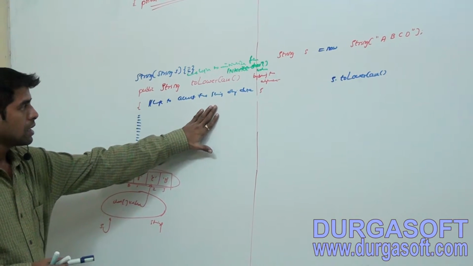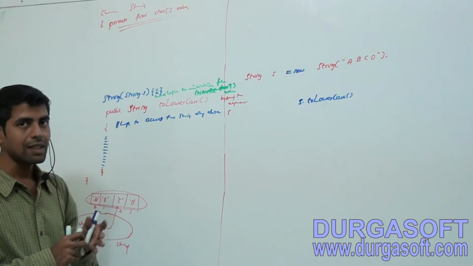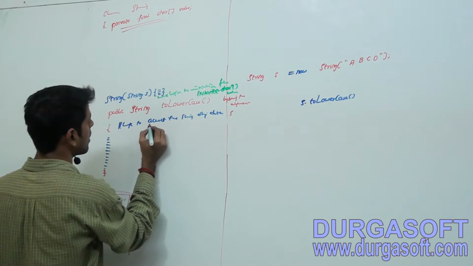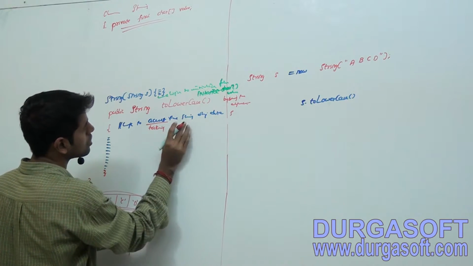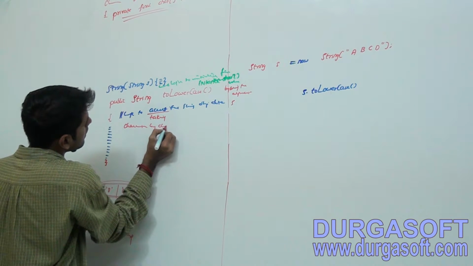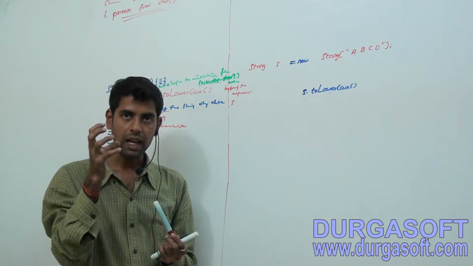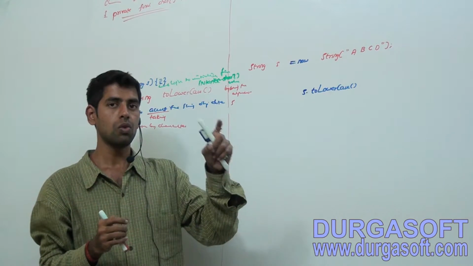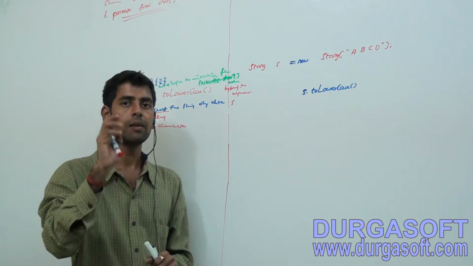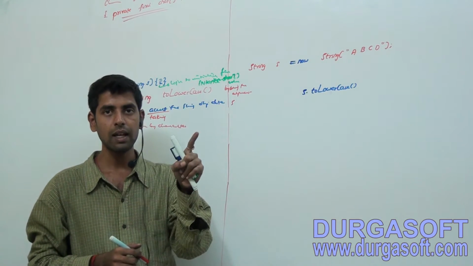Logic to access the string object data. Now it will access means what? Taking string object data character by character, and it will store that data in a newly created char array.